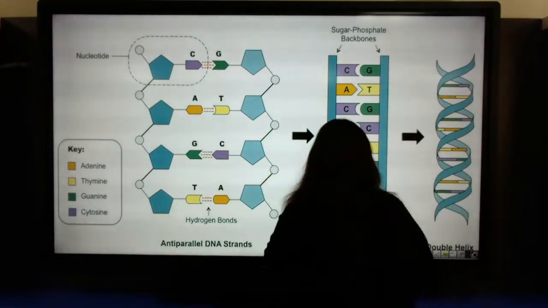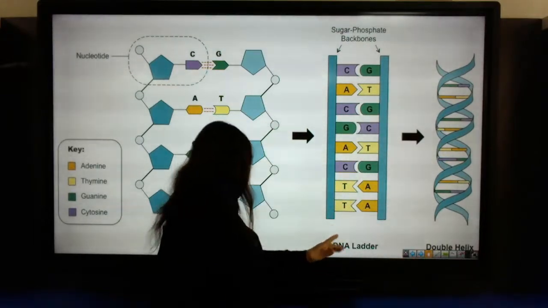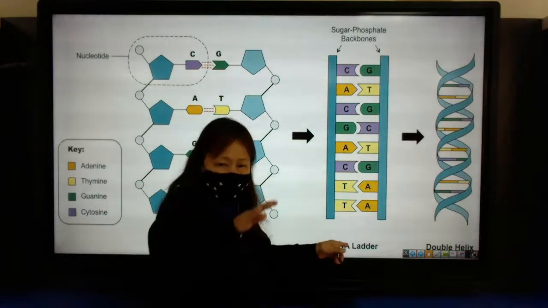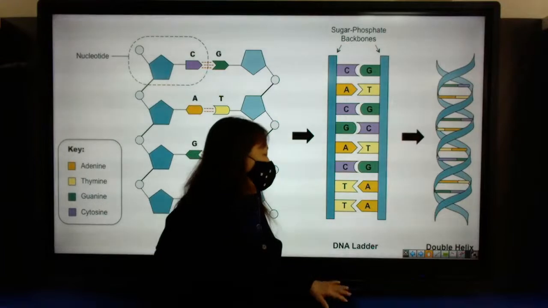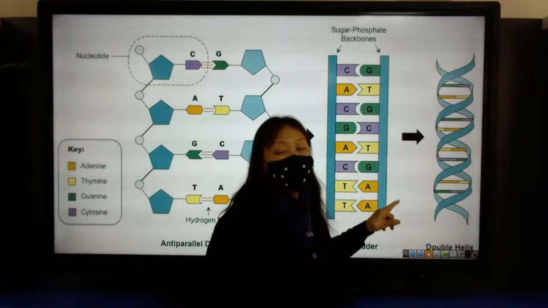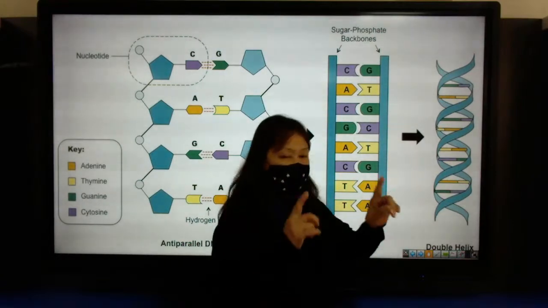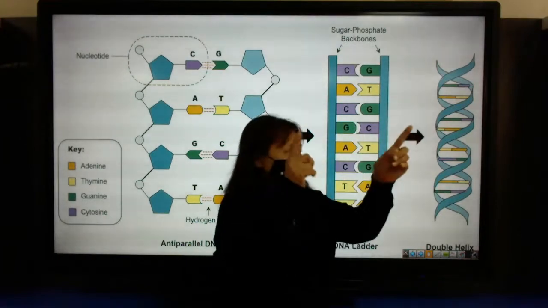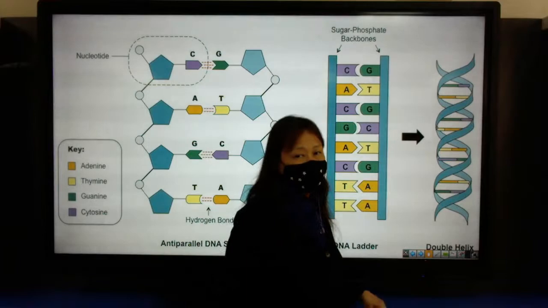And then on this side here, this model here is what we call DNA ladder, looks like a stair, okay? And then if we go here, this one is what we call the double helix structure proposed by the 5 scientists. So you can see it looks like this, okay? This is a double helix structure.